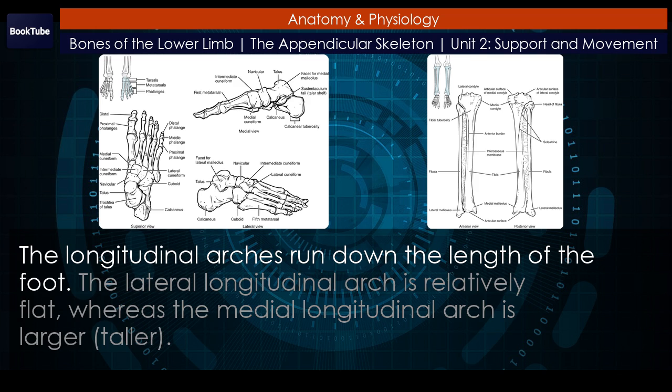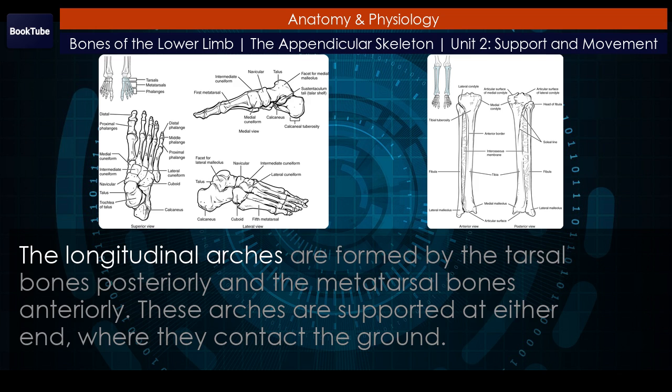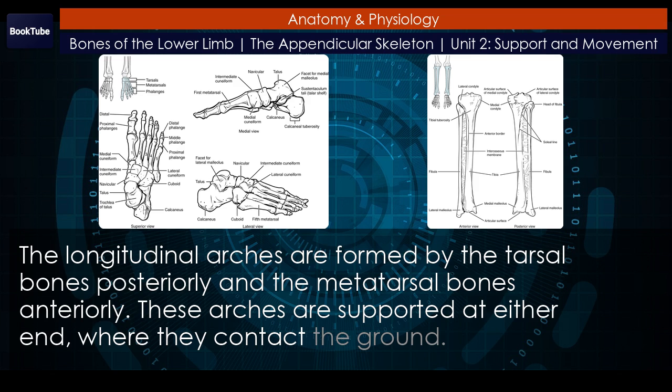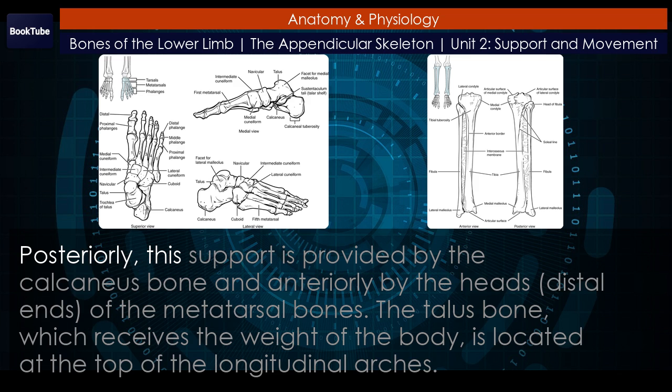The lateral longitudinal arch is relatively flat, whereas the medial longitudinal arch is larger, taller. The longitudinal arches are formed by the tarsal bones posteriorly and the metatarsal bones anteriorly. These arches are supported at either end, where they contact the ground. Posteriorly, this support is provided by the calcaneus bone and anteriorly by the heads, distal ends, of the metatarsal bones.